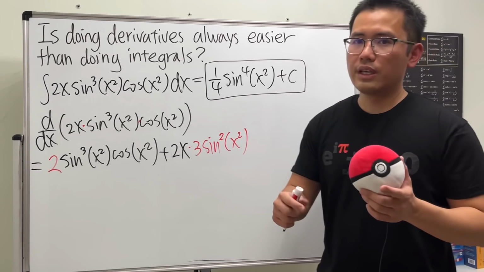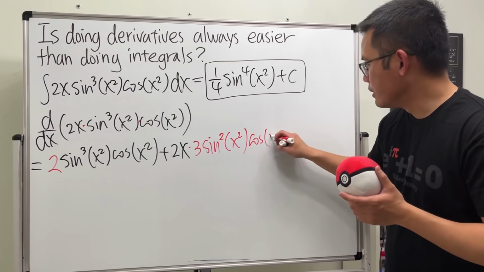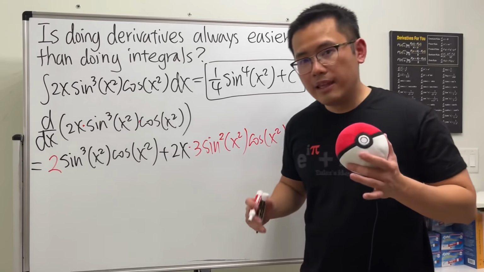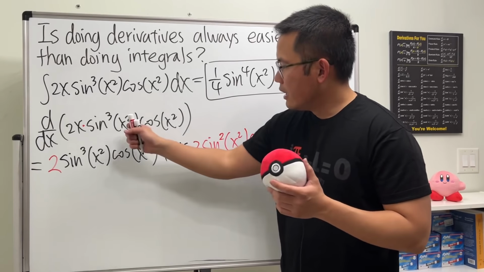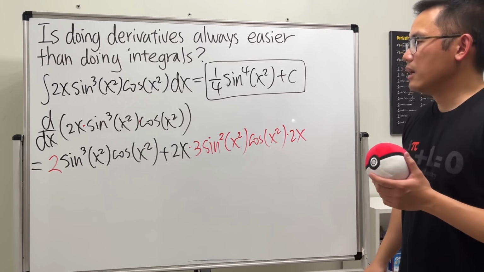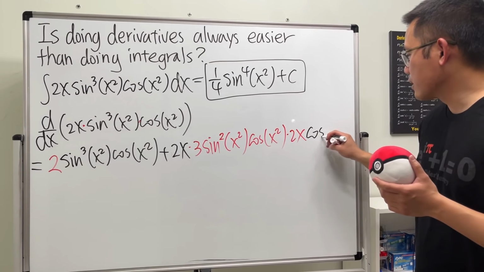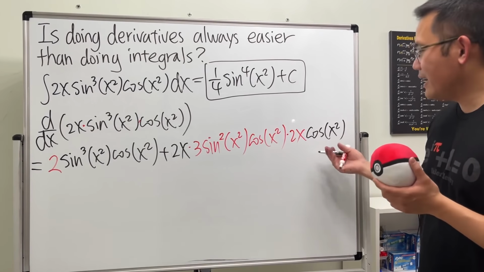And then don't forget we have to differentiate the sine, which will get cosine, and then the input is x squared. And then we will have to differentiate x squared, which is 2x, right? Chain rule. Yeah. And then don't forget we will have to multiply by the third function, which stays, which is the cosine of x squared.